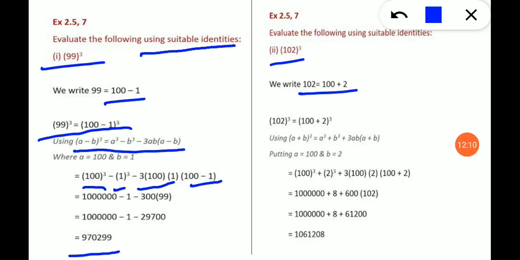So using these types of numbers we can easily solve the questions. That's why we are not taking it in terms of 50 plus or 60 plus something. We are taking it in terms of 100 plus. So whenever a question comes, you have to take it in terms of 100 plus or 100 minus. This is for the simplicity of calculation.